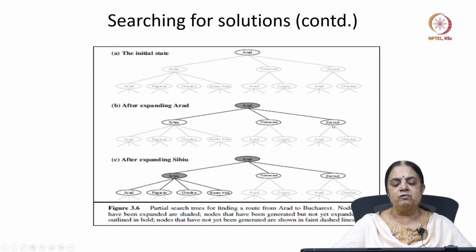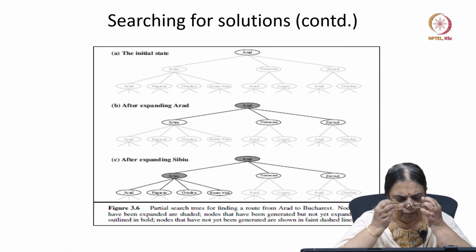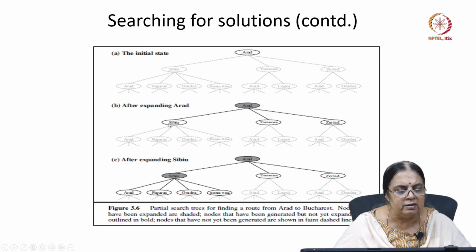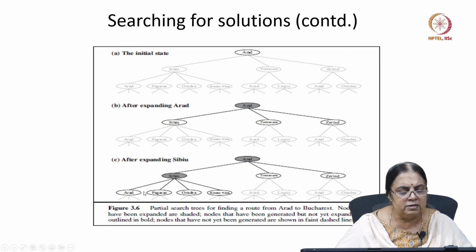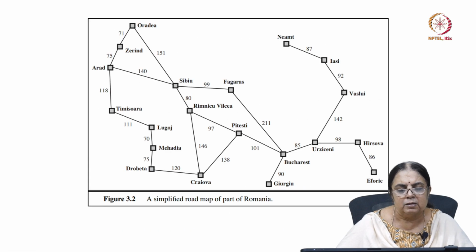Once you have expanded and got these 3 nodes, one of these three nodes will have to be chosen now for expansion. Say you are choosing this one, which is RBU. If we take that, these are all the possible ones.